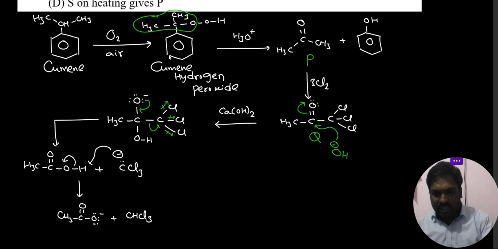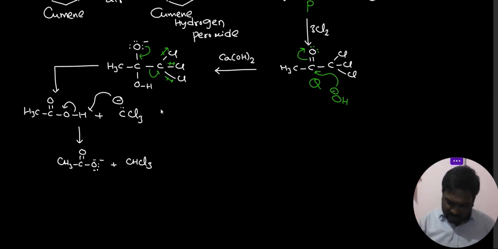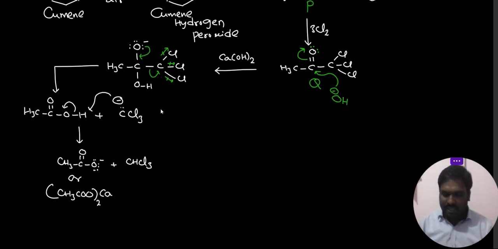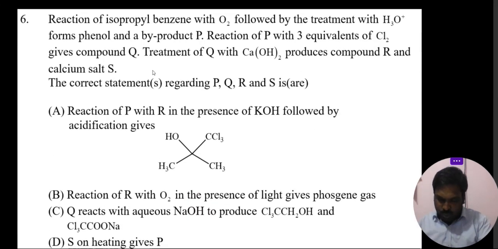But here we are taking calcium hydroxide, that's why we can write (CH3COO)2Ca, because calcium hydroxide is used. That's why calcium acetate is formed. Clear everyone?